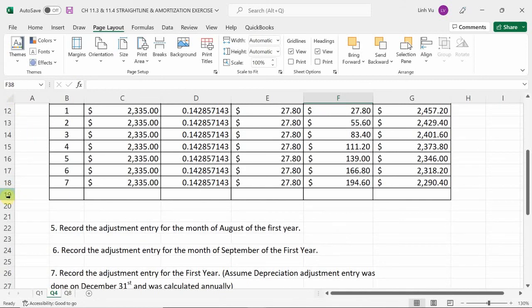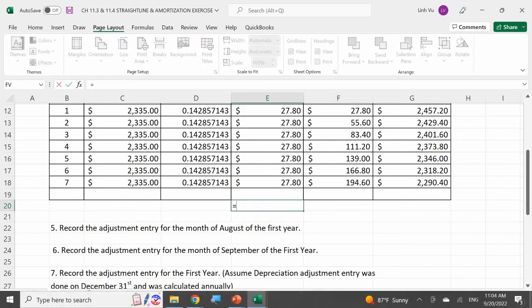Would it be 333? That's for the whole year, right? Right. Can I depreciate my asset for the whole year?